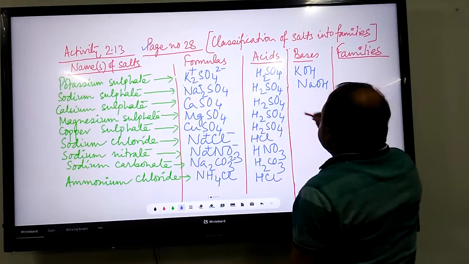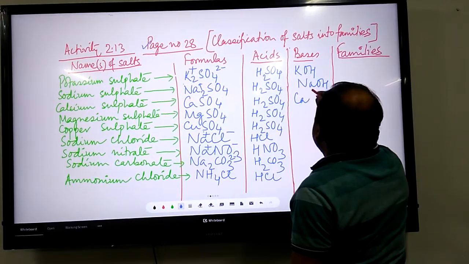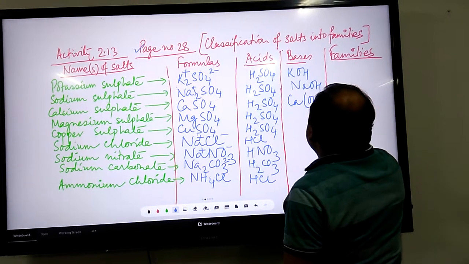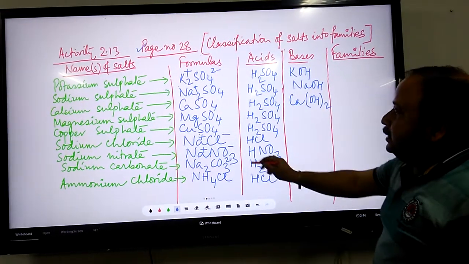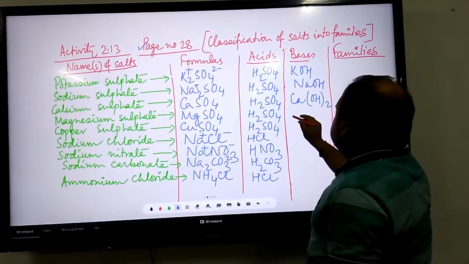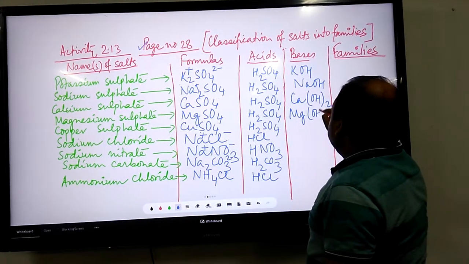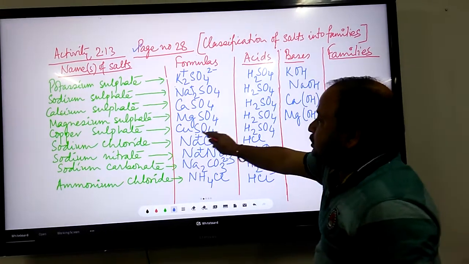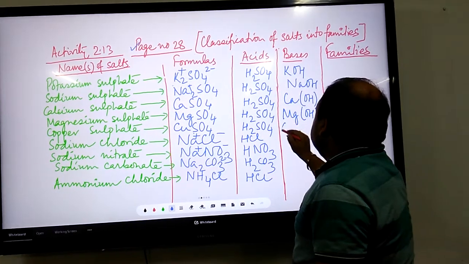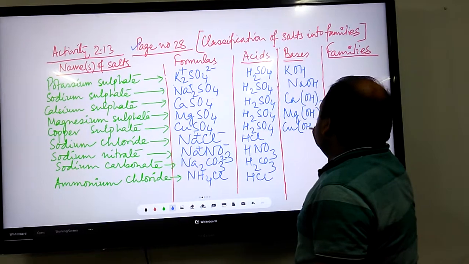Here the positive radical is calcium 2 plus, so the base will be obviously calcium hydroxide. Here the positive radical is the magnesium ion, so it should be magnesium hydroxide. In this case the positive ion is copper 2 plus, so the base is copper hydroxide.